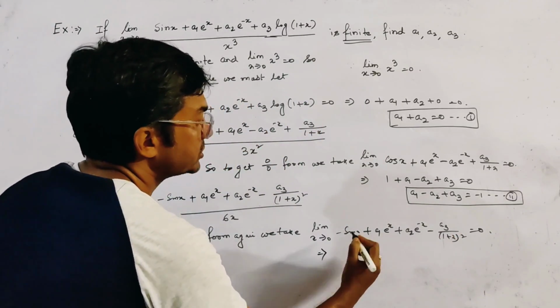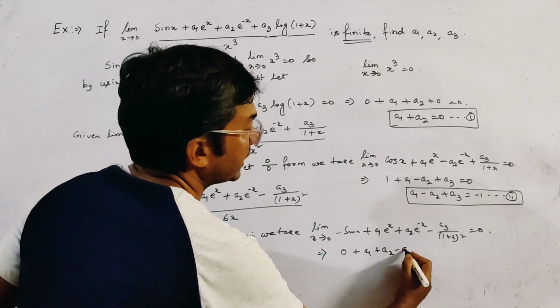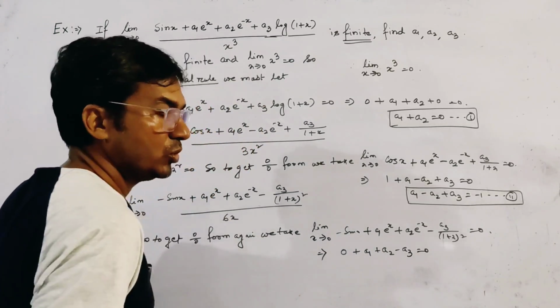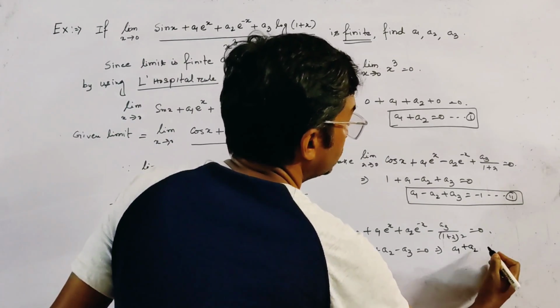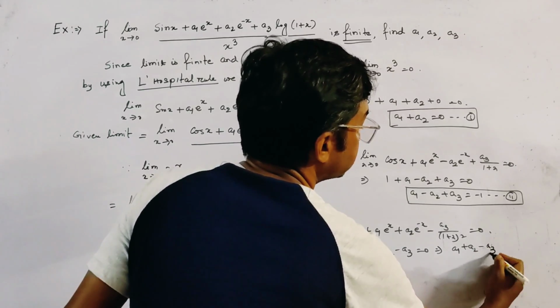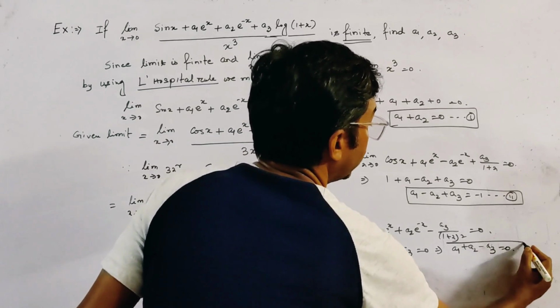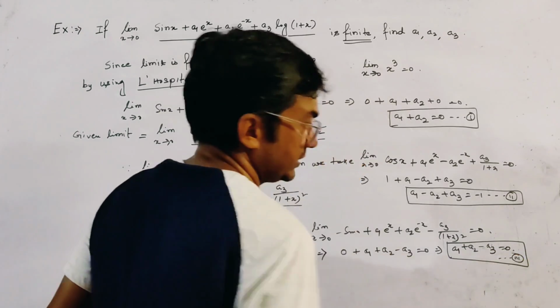This gives 0 + a1 + a2 - a3 = 0. We name this relation number 3.